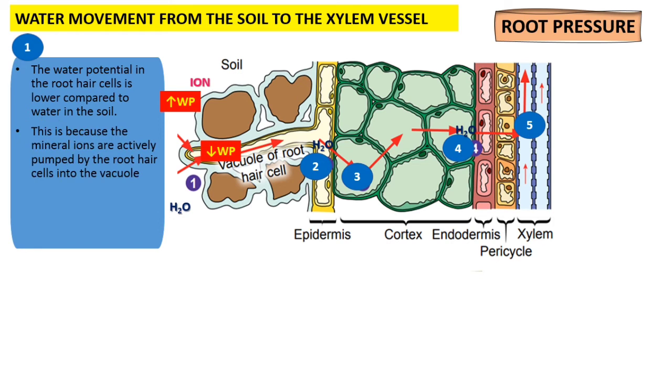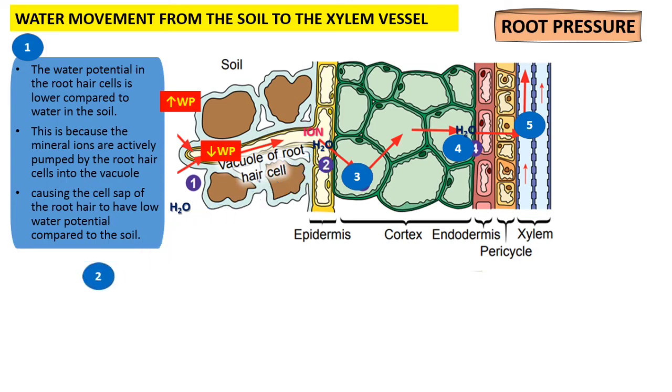This is because the mineral ions are actively pumped by the root hair cell into the vacuole, causing the cell sap of the root hair cell to have low water potential compared to the soil. So now, inside the root hair cell is low water potential compared to the soil, which has high water potential.